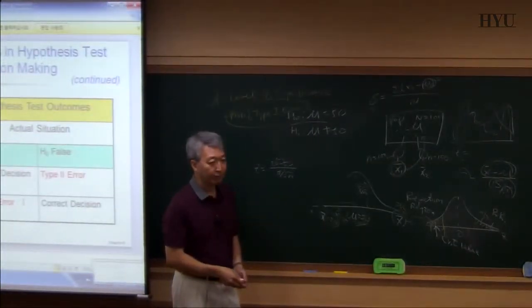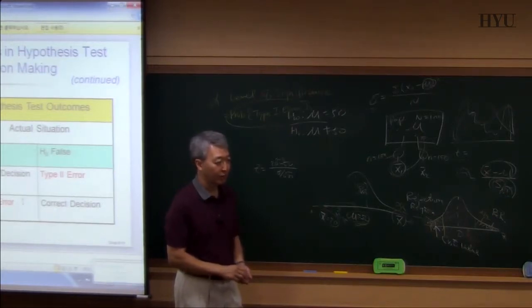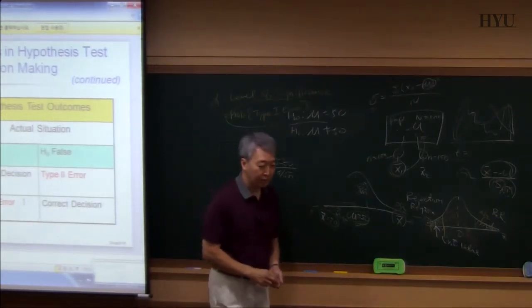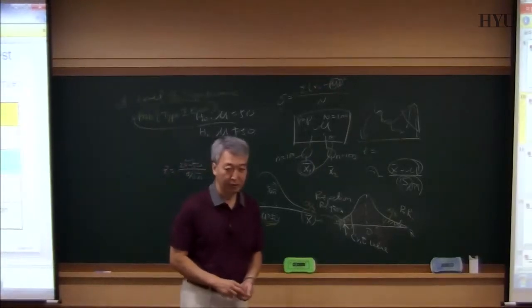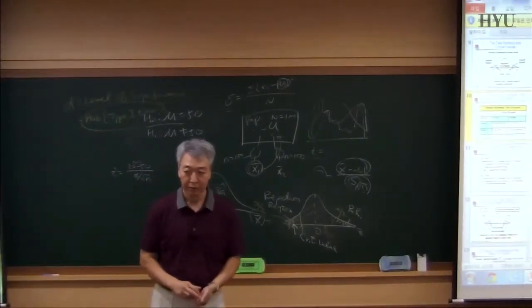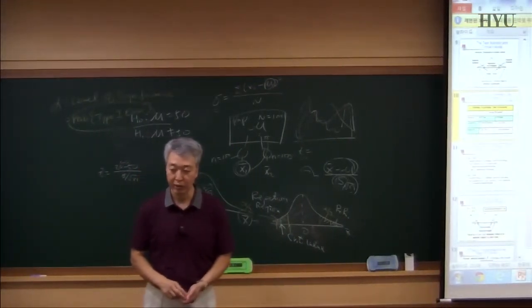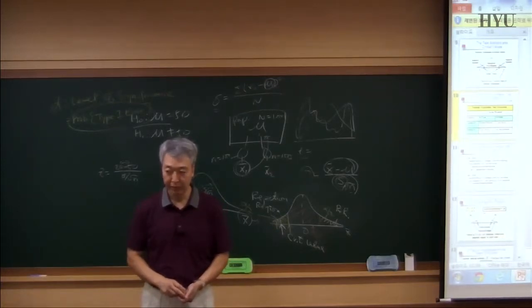But then why can't you just accept the null hypothesis? Well, because we are not certain. Even though the evidence suggests that the null hypothesis is true, there is still a possibility that it may not be true.